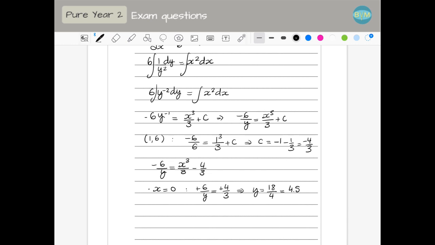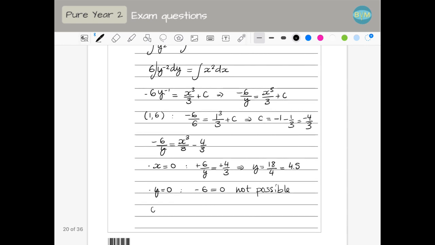When we try making y equal to 0, we are dividing by 0, or if you write the y multiplying here, that would be minus 6 equal to something multiplied by 0, which is 0. That cannot be because minus 6 must be equal to 0.